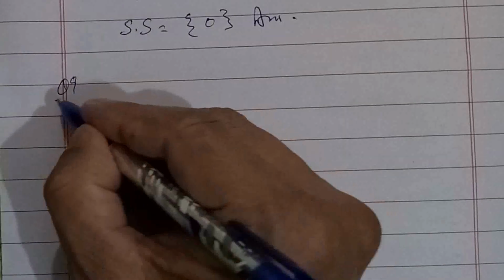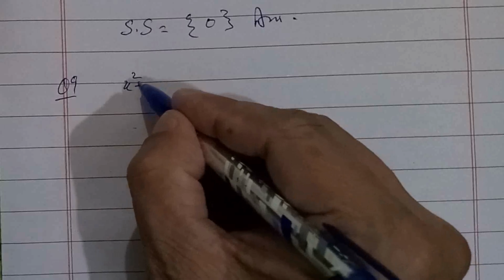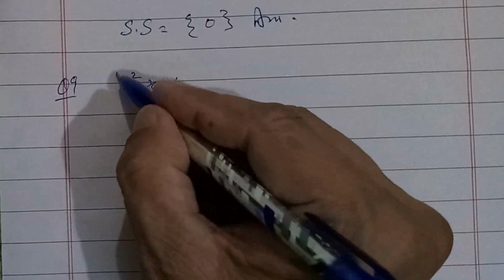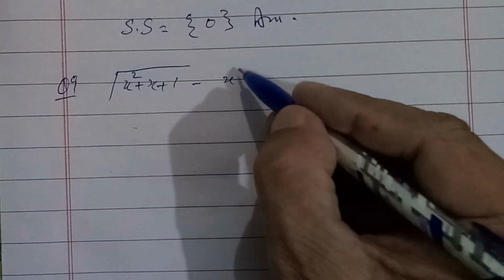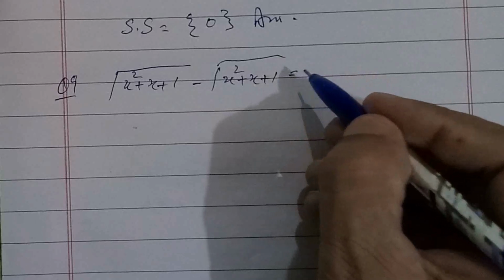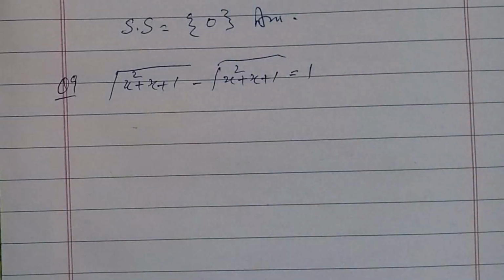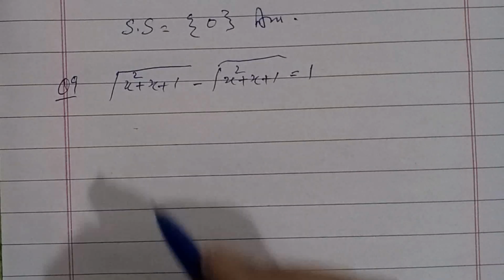The value of question 9 is √(x² + x + 1) − √(x² + x + 1) = 1. Now we solve these values using the substitution method.